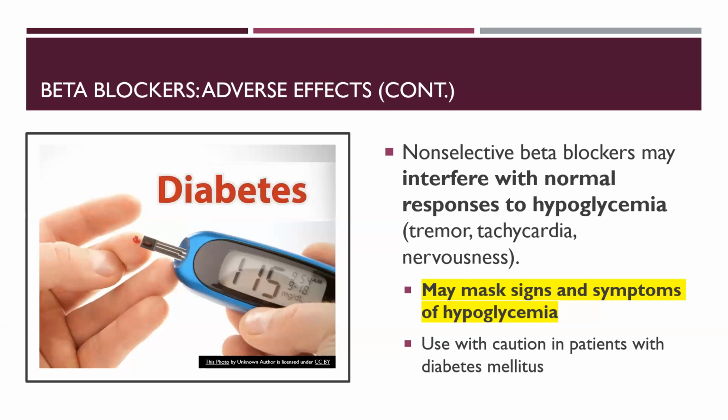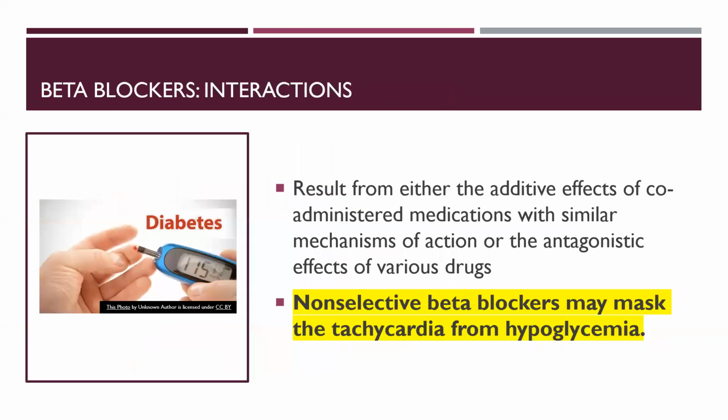So you want to be cautious with patients with diabetes. Whenever you monitor or provide education, the thing you want to stress the most to patients on these non-selective beta blockers is to monitor your blood glucose for high or low abnormalities.